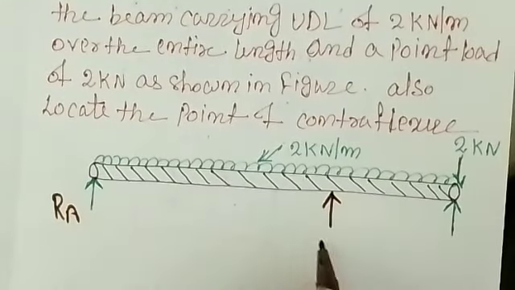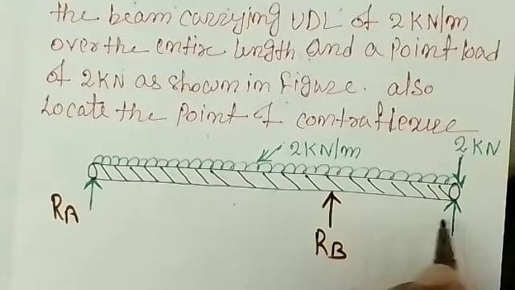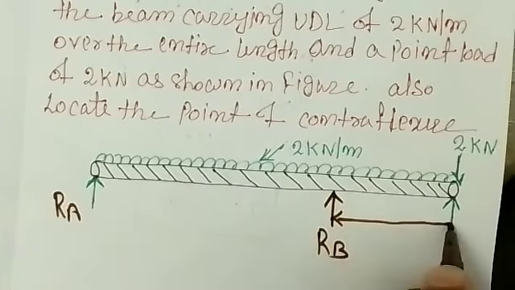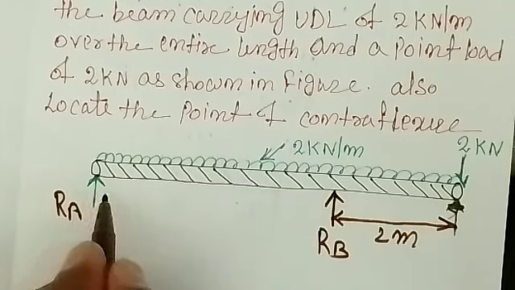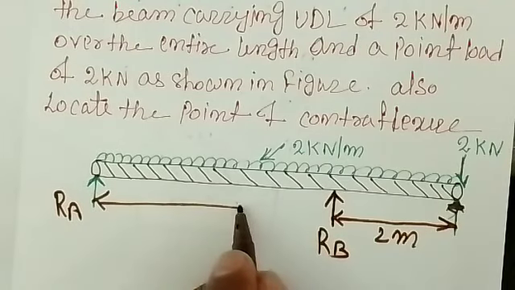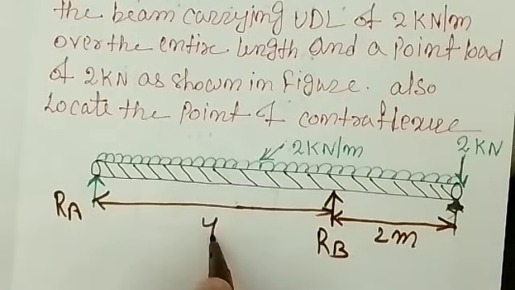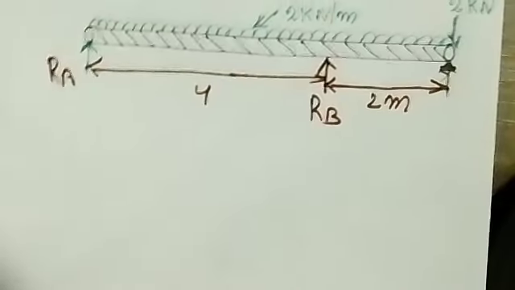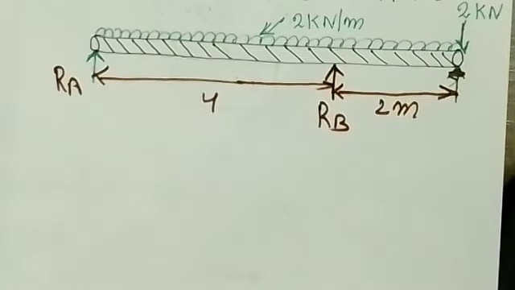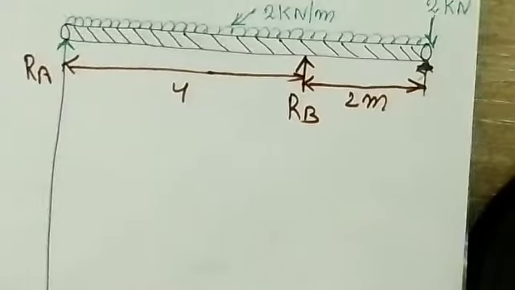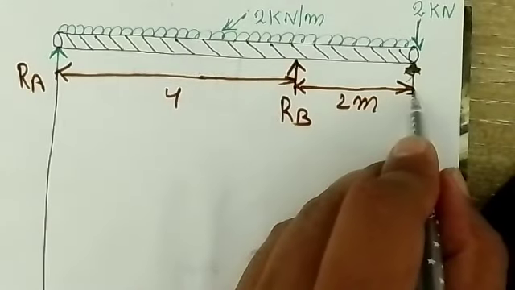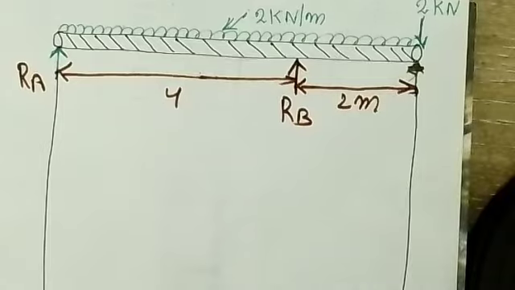So this is RA, this is RB, this is the support, this 2 meter is given, and this is your 4 meter, right? Now what we need to do is draw the shear force and bending moment diagram. So here I'm drawing one line, and here also I'm drawing one line, right?